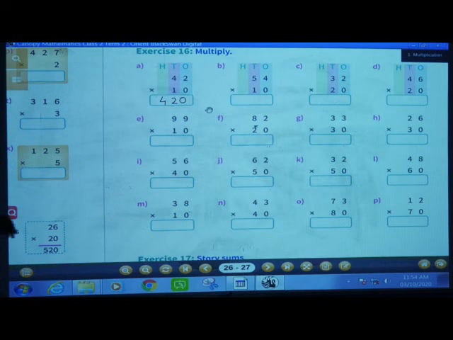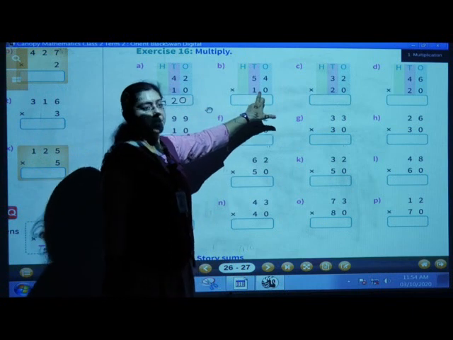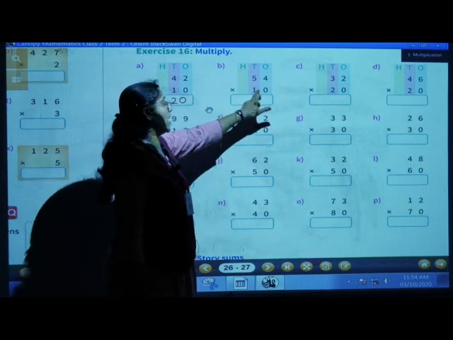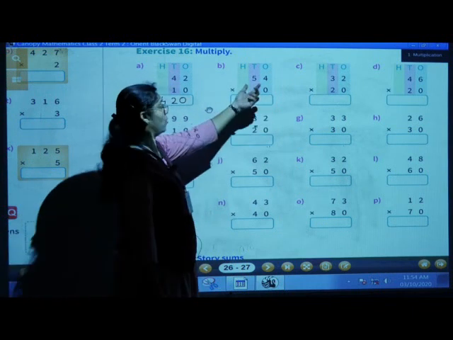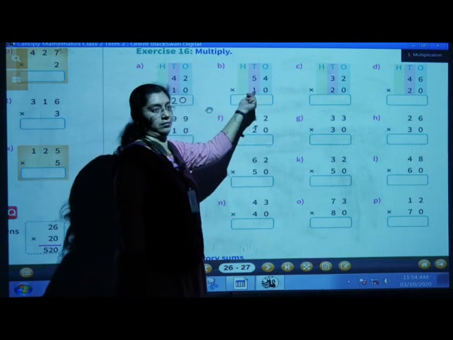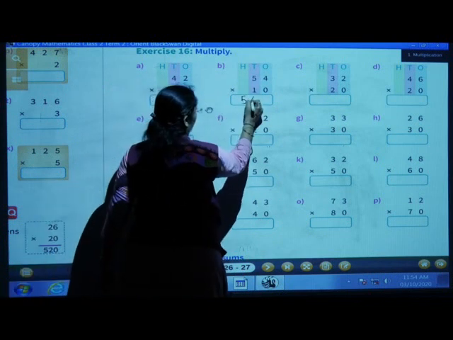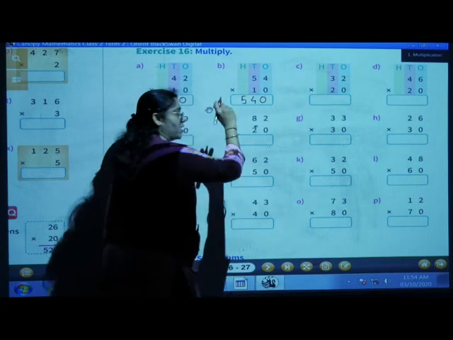Okay. Next, 54 multiplied by 10 means we multiply only 54 by 1. 54 ones are 54. And then put a 0 in the ones place.